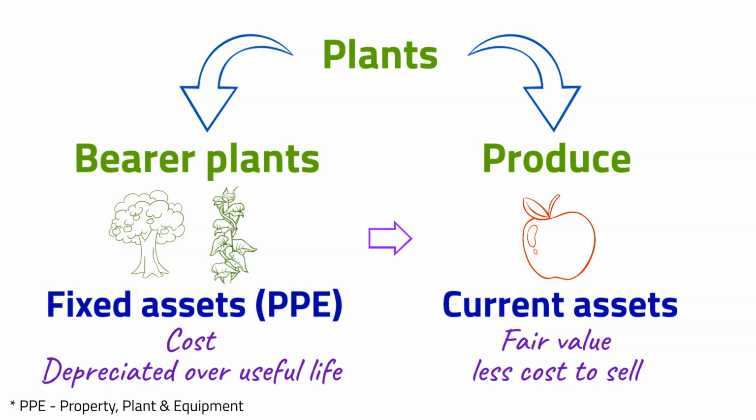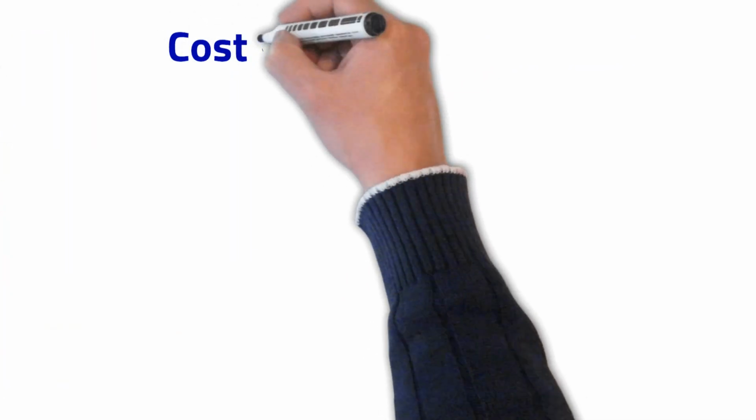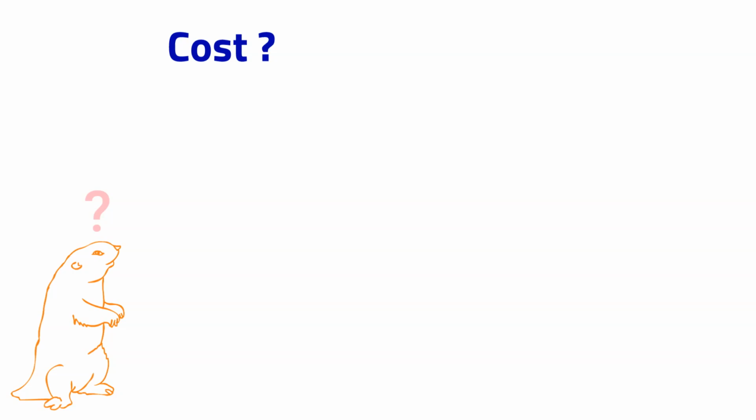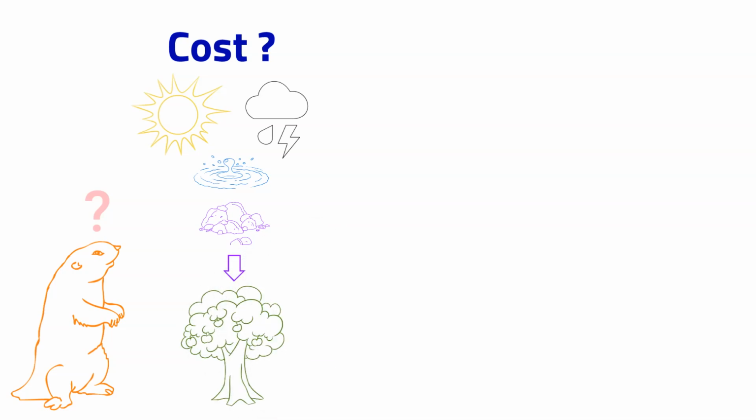So, unlike a normal fixed asset, a truck or a tree, it's not measured at cost. It is measured at the so-called fair value. Also, it seems that there is no cost to acquire fruit which is growing on trees and it seemingly grows by itself. Nature is wonderful, producing something from water, energy and minerals.